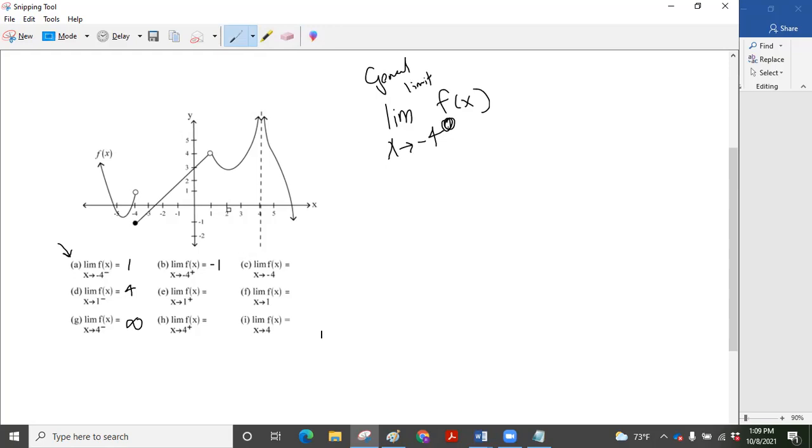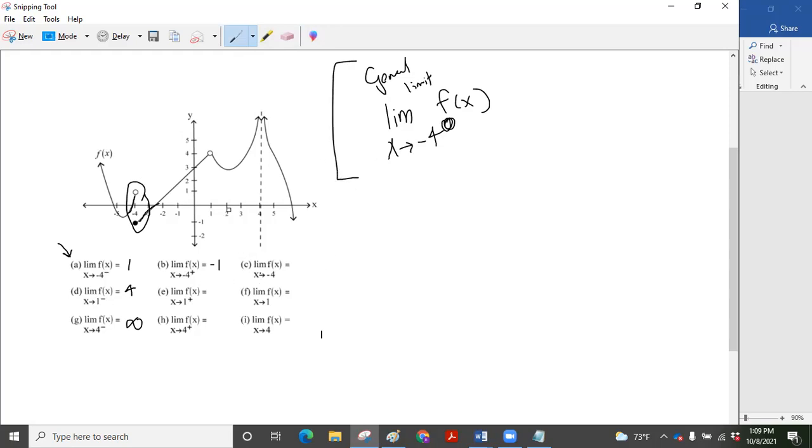And if it doesn't approach the same thing from both sides, then I know that the limit does not exist. So I'm looking for -4, and I know that from the left it's approaching 1, and from the right it's approaching -1, which means the limit from the left does not match the limit from the right. So the general limit does not exist.